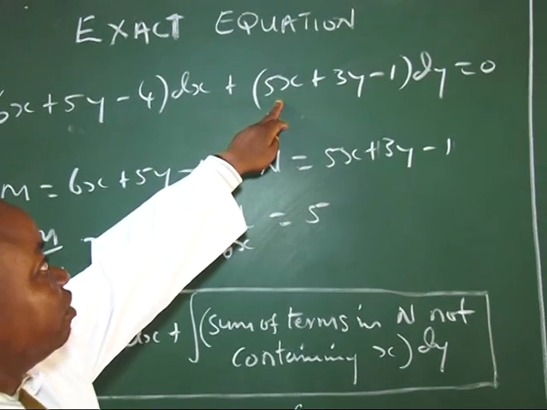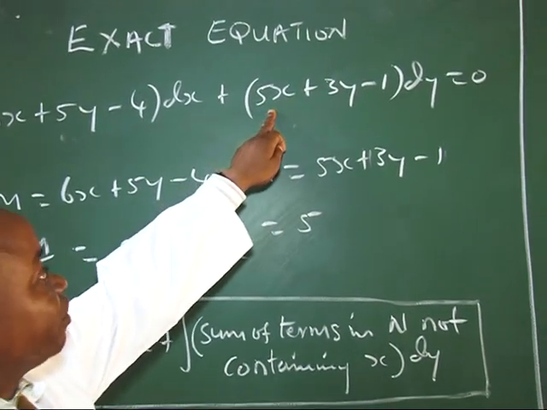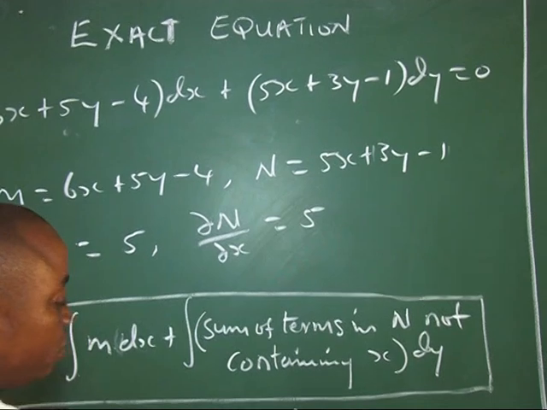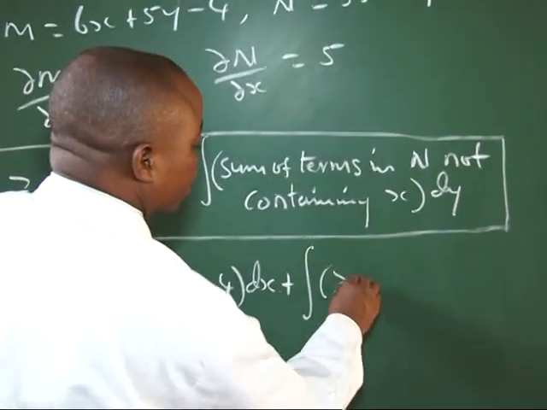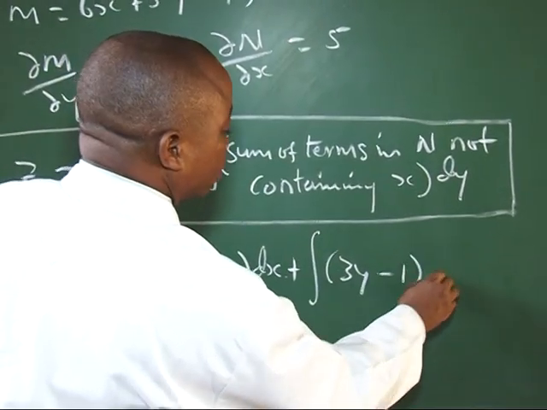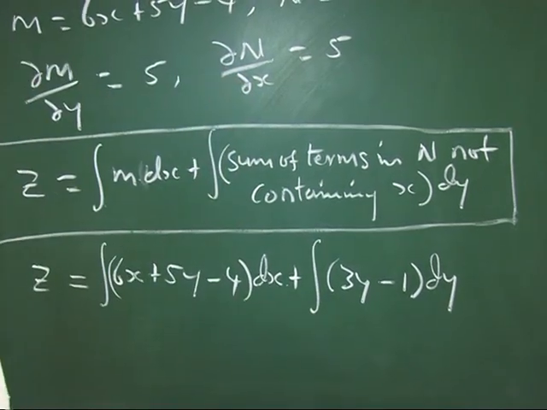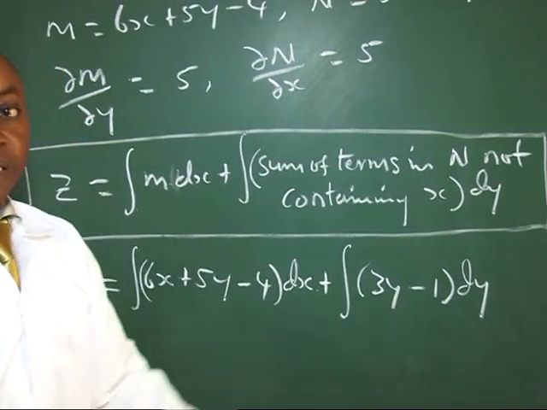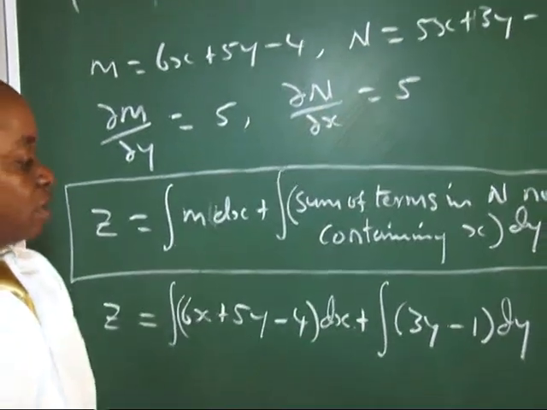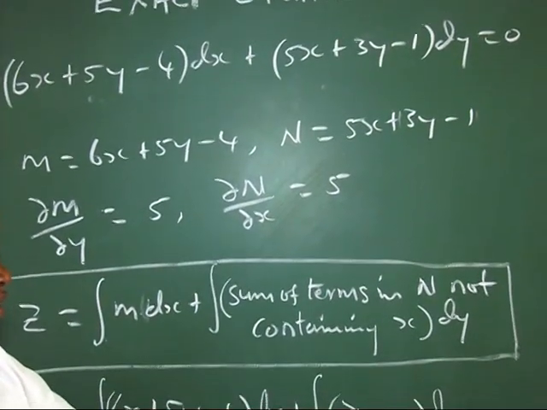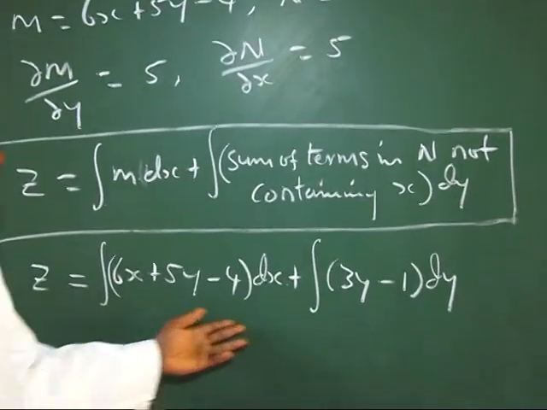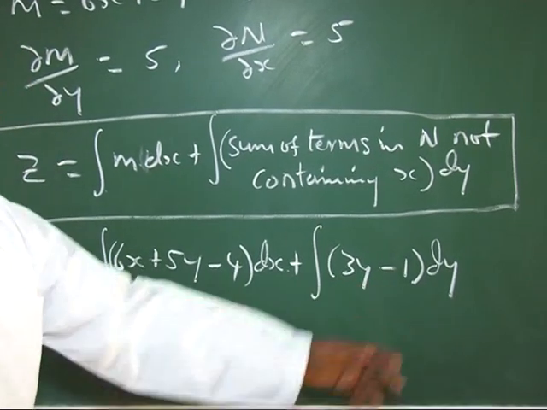Now in N, this term contains x, so we will not pick that one. These other two terms, we'll have 3y minus 1 dy. These two terms are terms in N that do not contain x.